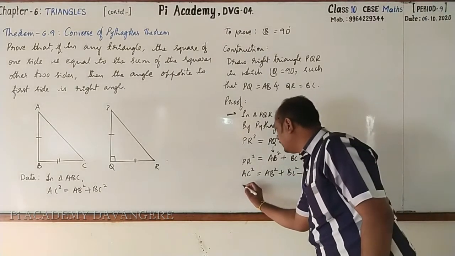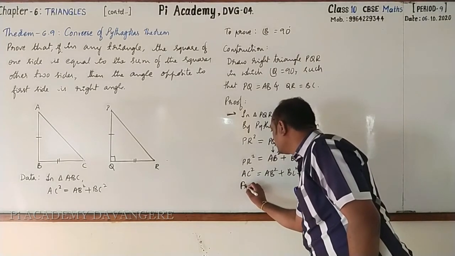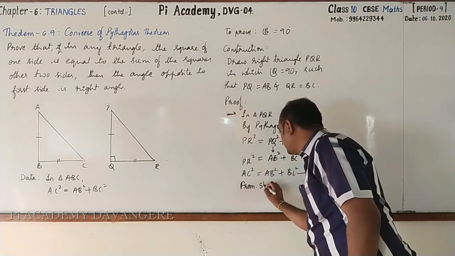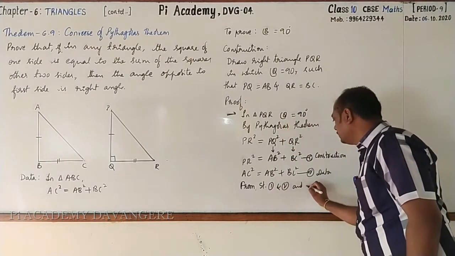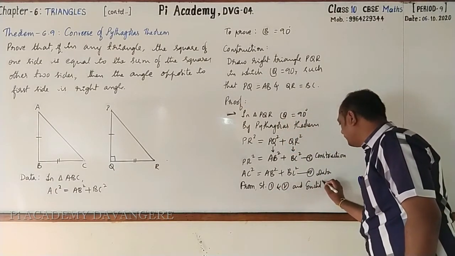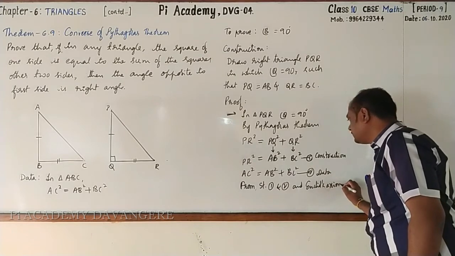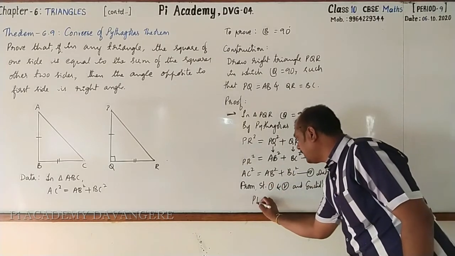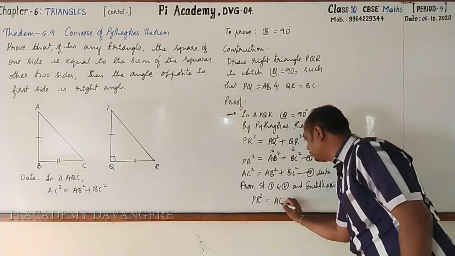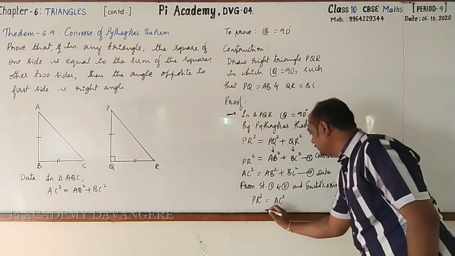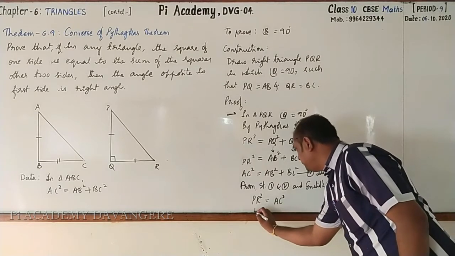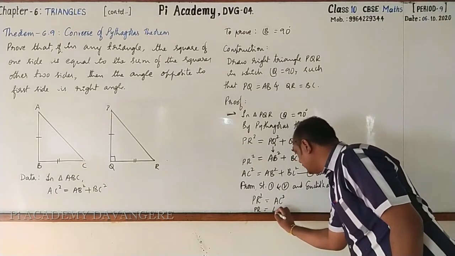Hence we can write from statements 1 and 2 and Euclid's axiom, PR square is equal to AC square. Then the squares get cancelled. We will get PR is equal to AC.